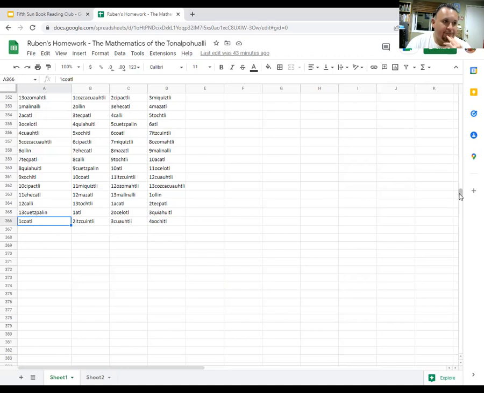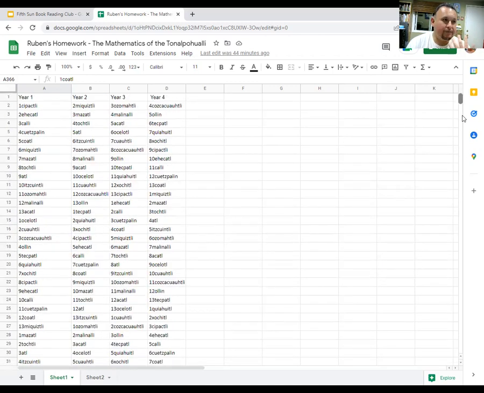And so since it's 365 days, the next day is going to be the first day of the new year, year 2. And so it turns out it's going to be 2 xiuhpohualli. A pattern that you should see immediately here is, well, we went from 1 xiuhpohualli to 2 xiuhpohualli. Huh.